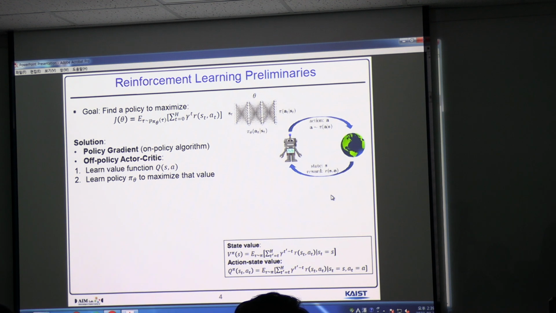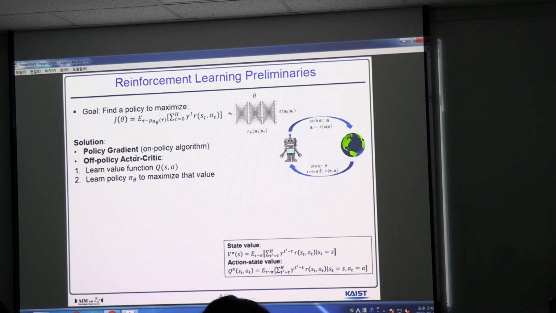Anyone? Okay, I can give some example about the policy gradient, because it is currently used in ChatGPT. In ChatGPT we have very huge data, right? This is why they use the policy gradient rather than actor-critic.